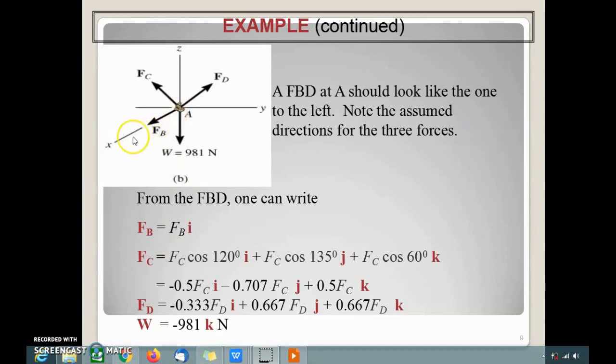So any force that lies on the axis, we consider as equal to 1. So FB is multiplied with 1, so it is FB in the component of x only, which is i. FB does not lie on any component other than x, so components y and z are equal to 0.